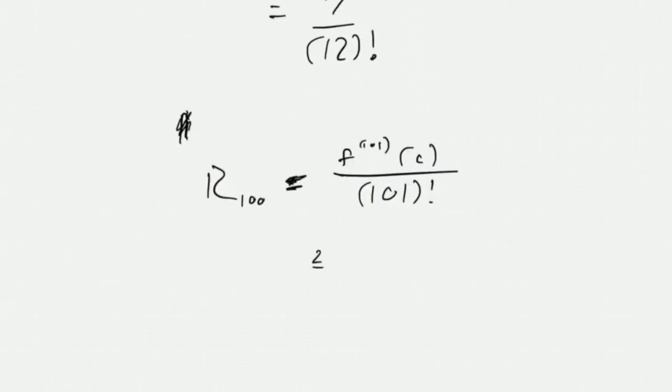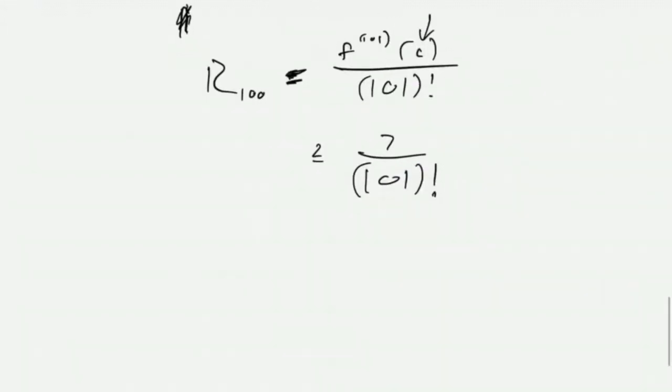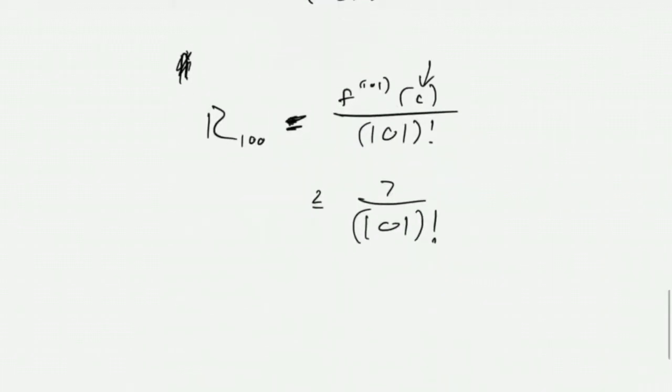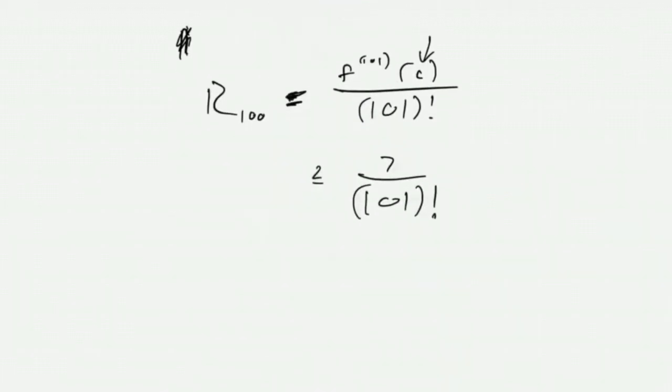Our remainder would be equal to this at some point c. We don't know where c is, but since the derivative is bounded, we could say it's less than or equal to this. And now this is getting really small, right? So if our derivatives are all bounded, we can make our error as small as we want just by taking more terms of our Taylor polynomial.